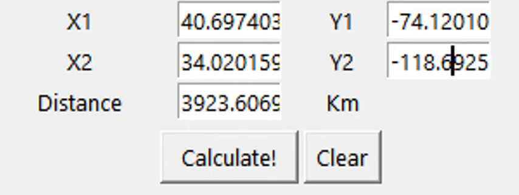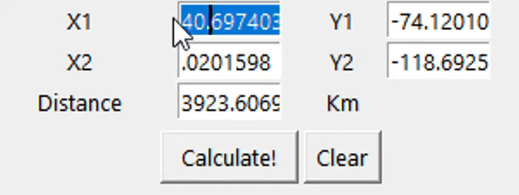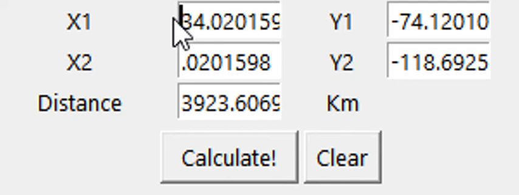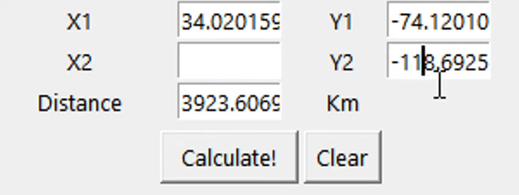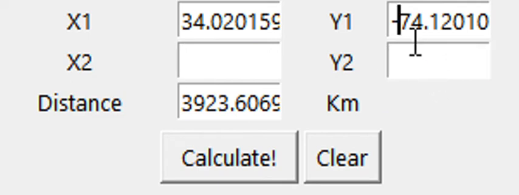Alright, and well, I guess we'll do one more, except this time I'm going to cheat. I'm going to use these coordinates. See, that's the cool thing about this, is that you're flexible to just use these again.